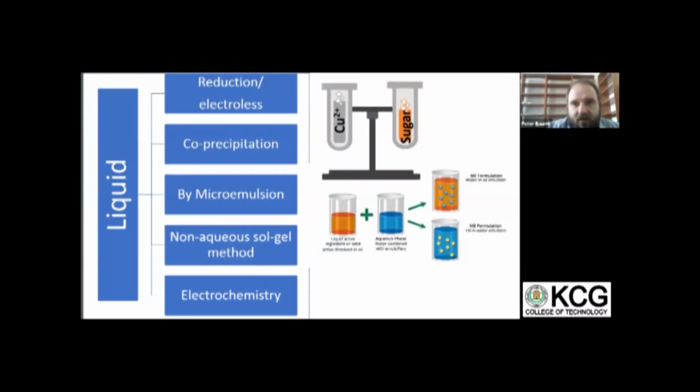If we use liquid phase to prepare nanostructures, we have to use chemistry and chemical reactions. In this case, we have to prepare a solution from the material. For example, if we would like to prepare silver nanoparticles, we have to use silver nitrate as a precursor.